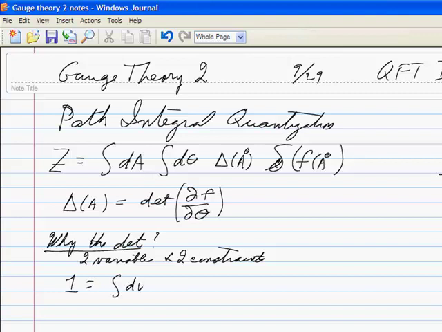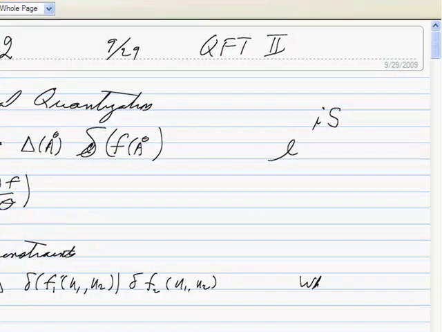So it's some du1, du2, some constraint delta of f1 of u1, u2, delta f2 of u1 and u2. So the math question is, what is delta?